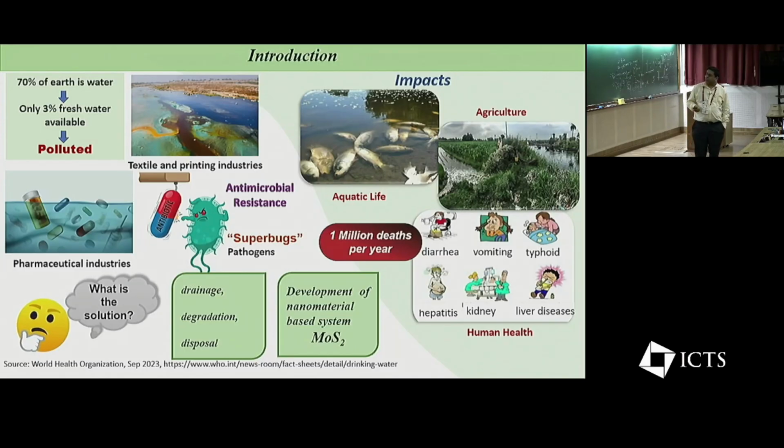So the remedy you can first think of is a systematic drainage system, or degradation of these contaminants, or proper disposal of these contaminants. But this problem is not limited only to the level of human health, it also involves antimicrobial resistance. If you just take the example of TB, it has multi-drug resistance, so antibiotics fail to kill those bacteria.